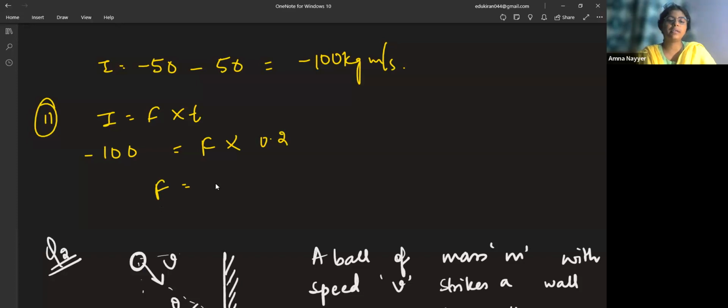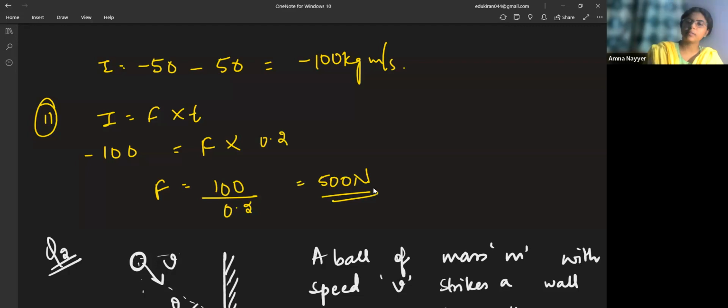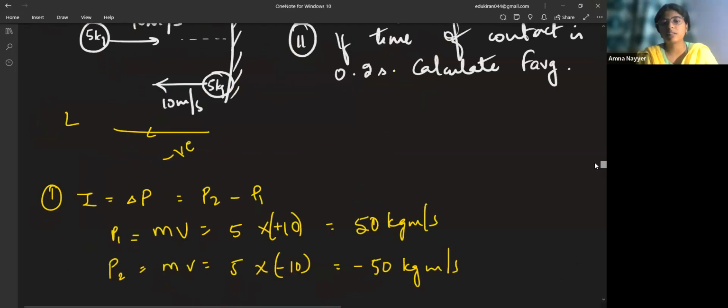So force will be, now you can take the magnitude over here because in average force, though you can write it as minus also, usually for the formula of impulse we take the magnitude. So you can take it as 100 divided by 0.2, that is 1000 by 2, so 500 newton will be your answer. Because impulse's direction we have already specified. Fine, note down the solution. One more question we will do before going on to pulley problems. Quickly note it down.